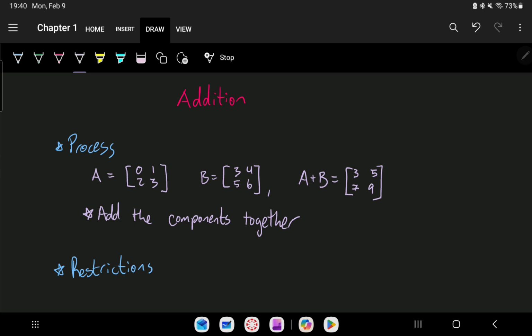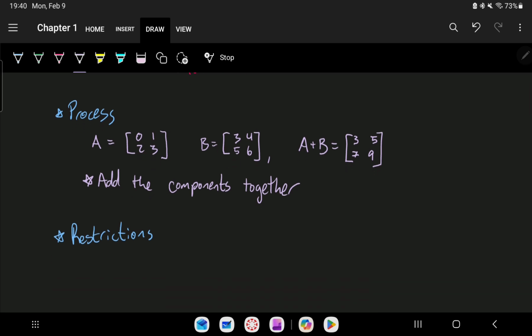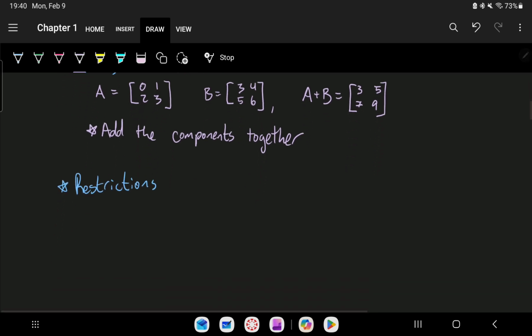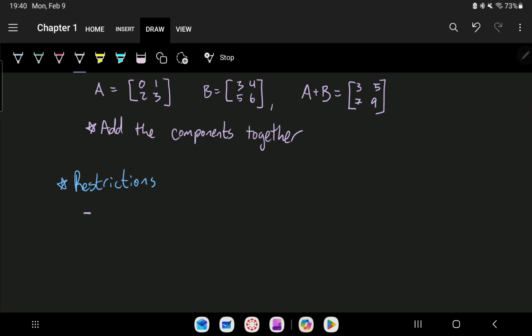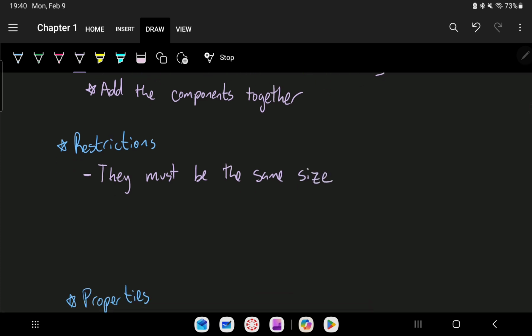Now, I was very particular with these matrices that I chose for this example. You notice that they are the exact same size, right? So A is 2 by 2 and B is 2 by 2. That is a restriction. So in order to add two matrices, they must be the same size. Now they don't need to be square matrices, right?